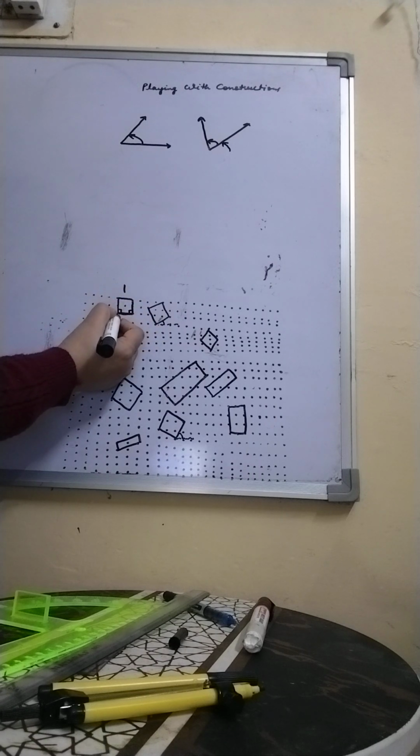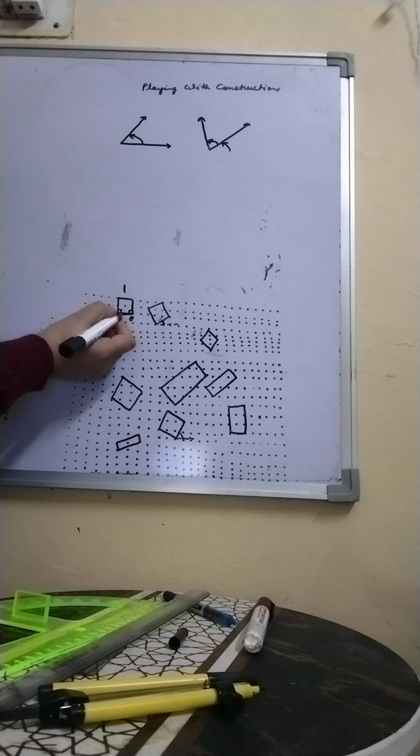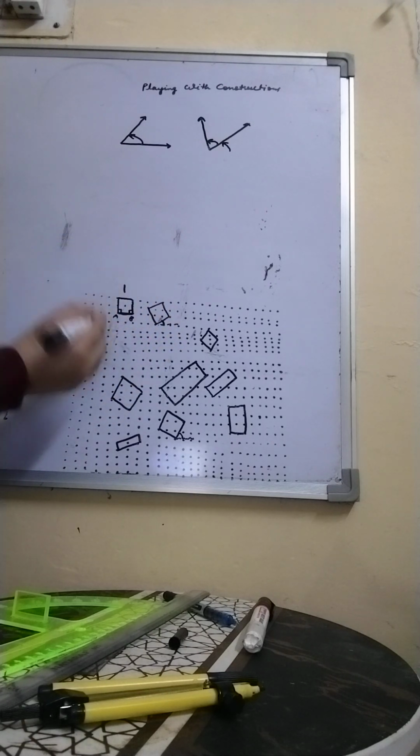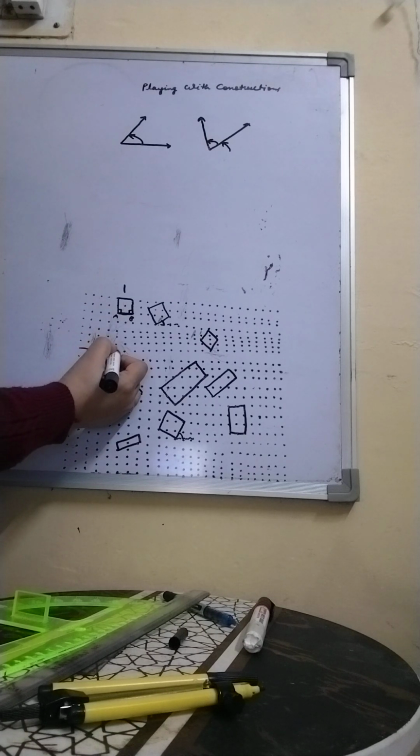So look at this side AB. Now I am giving it a rotation here. Instead of drawing it straight, I am inclining it at a small angle. So instead of joining like this, I am joining the dot like this.